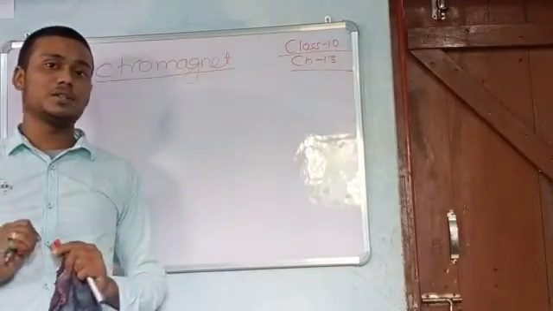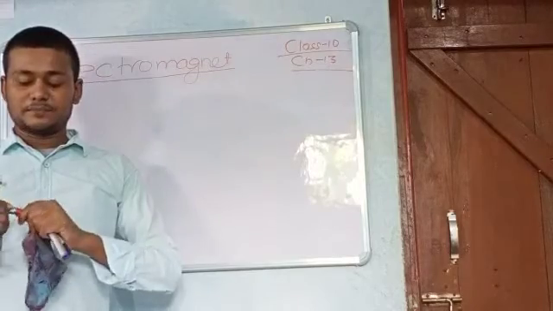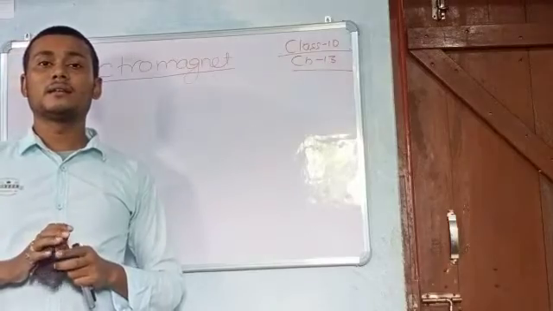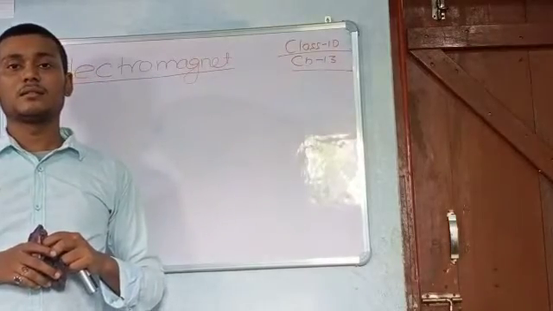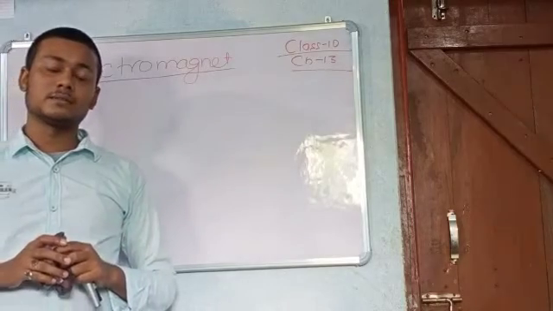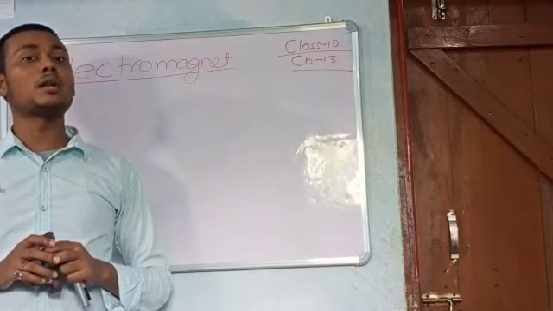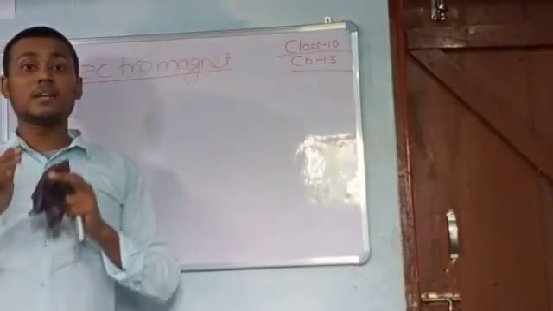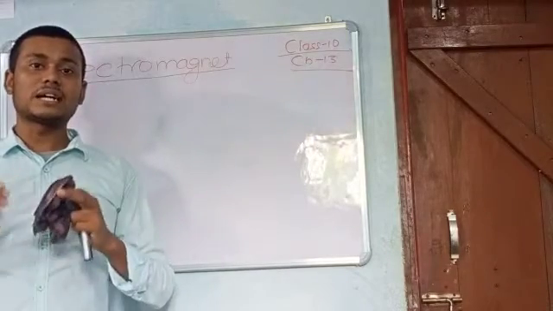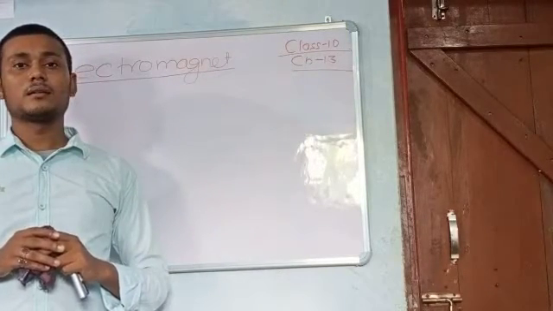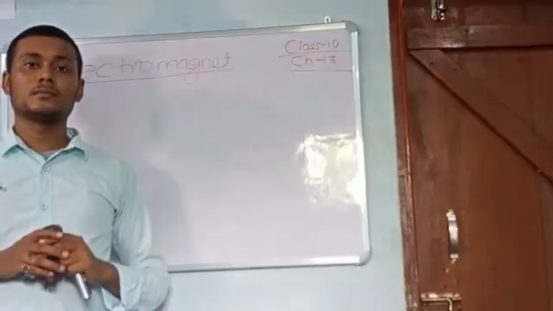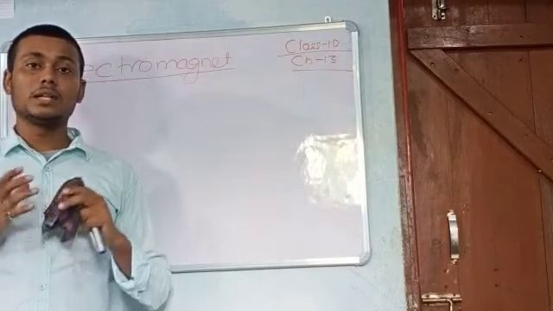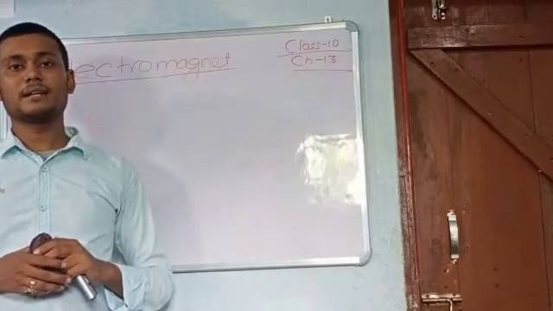So we also observed that the magnetic field produced inside the solenoid has greater strength than outside, because the lines are all parallel to each other. So the magnetic field produced inside the solenoid behaves like a natural magnet.